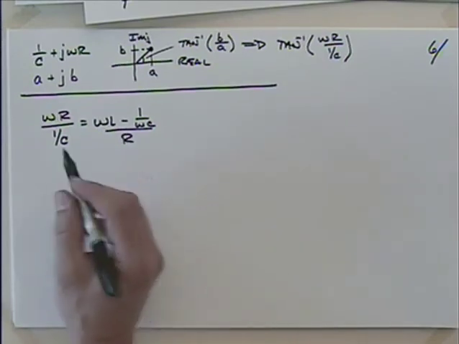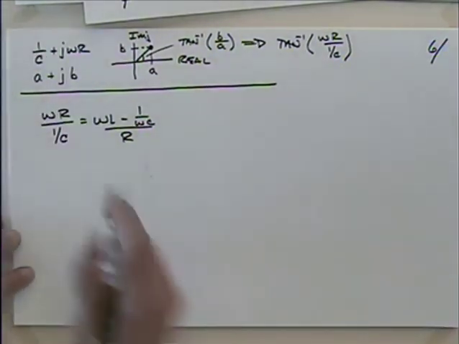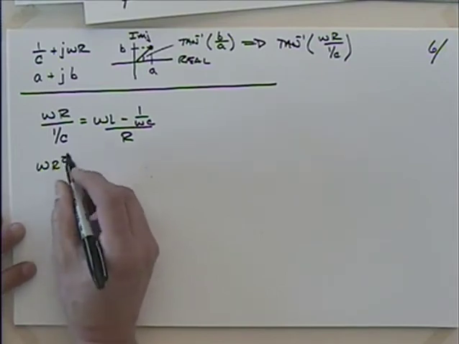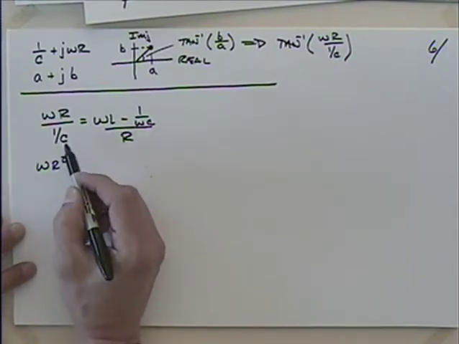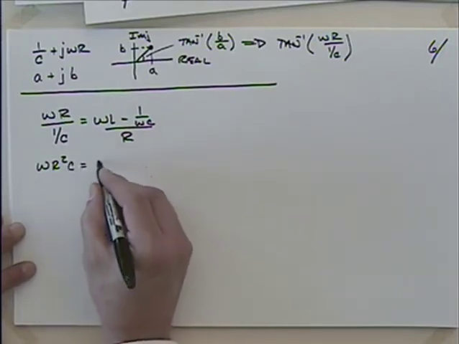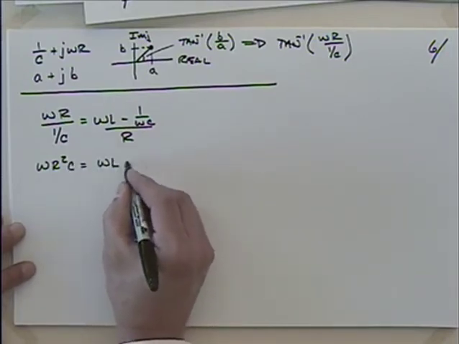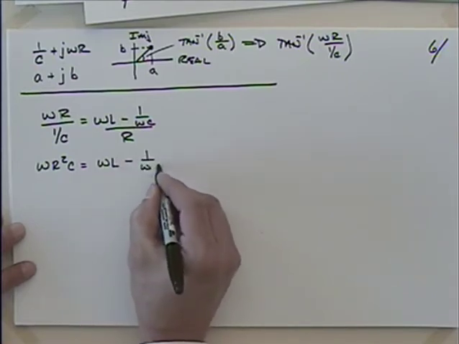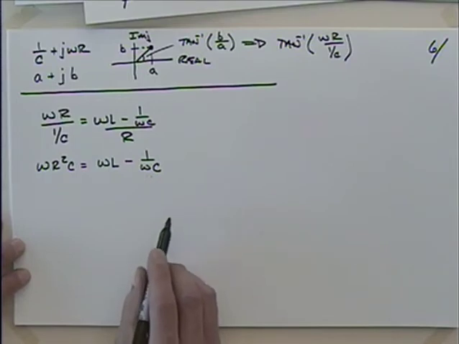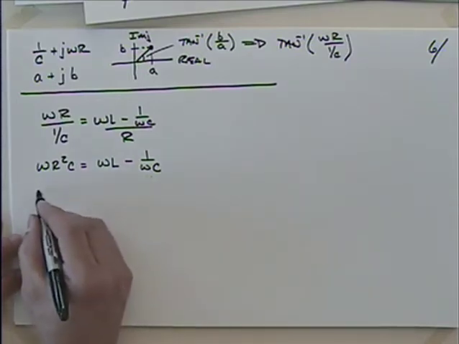Multiply both things by R. So I'm going to have omega times R squared, and that C that's in the denominator of a denominator is really in the numerator, doesn't even know it, is equal to omega times L minus 1 over omega times C, right? So probably a good plan to multiply everything by omega, right?